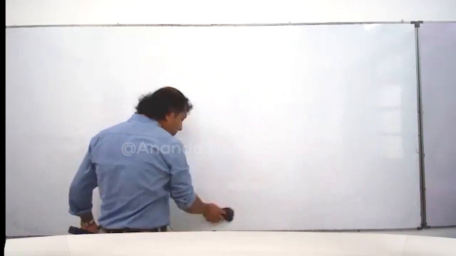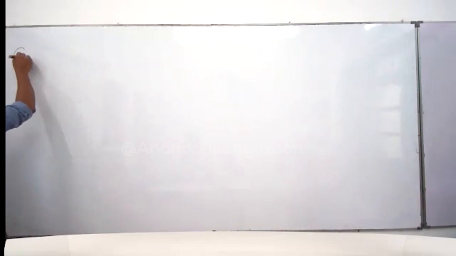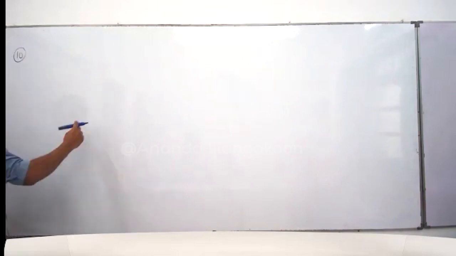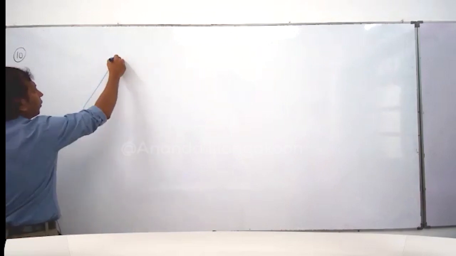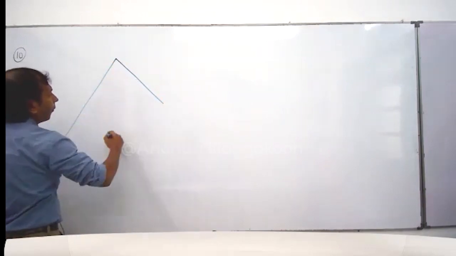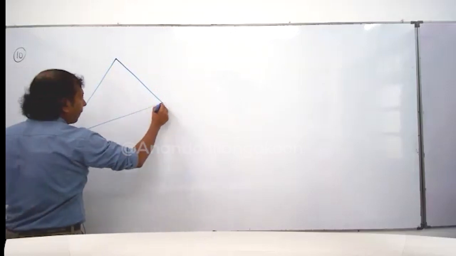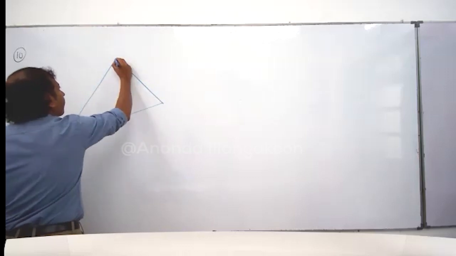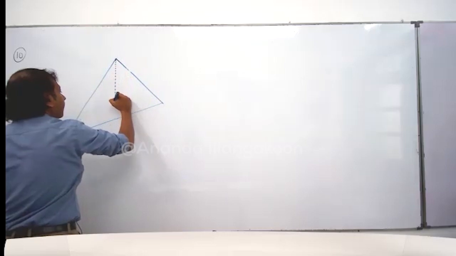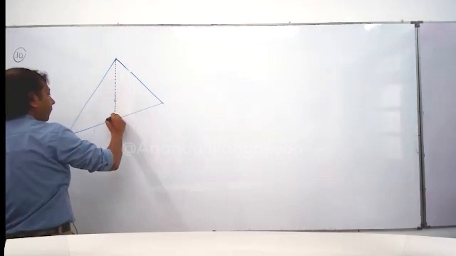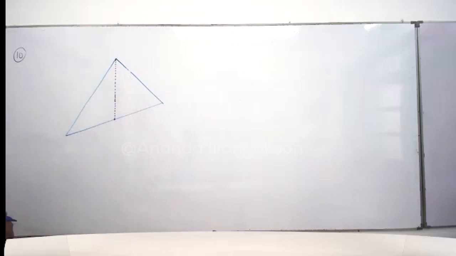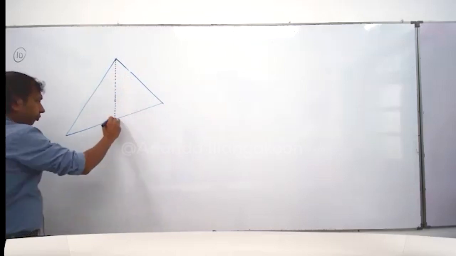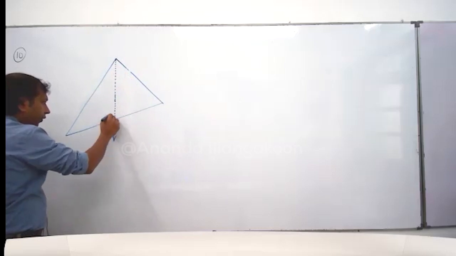Now we are given a uniform rod. The center of gravity is at the midpoint, G here.